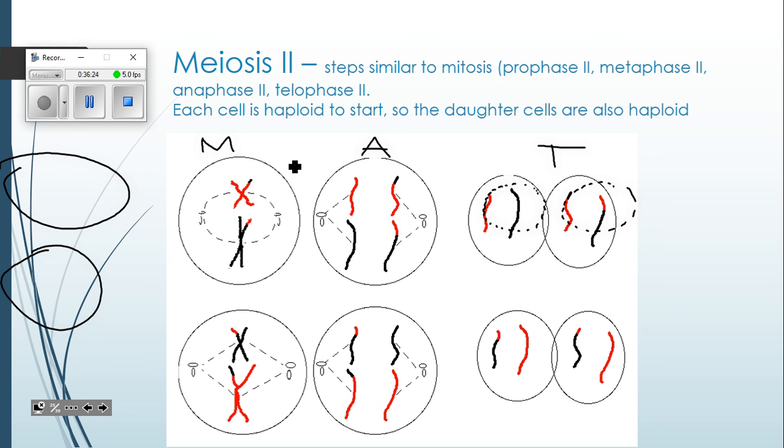So, if meiosis II looks exactly like mitosis, how do I really know what I'm looking at? Maybe I knew how many chromosomes the cell had to start, and that could be my clue. But what if I didn't? What if I didn't know how many chromosomes the cell had in the beginning? How would I know this is meiosis? Well, I'm going to point out the best clue ever, the tip of that chromosome. The tip of the red chromosome is black.